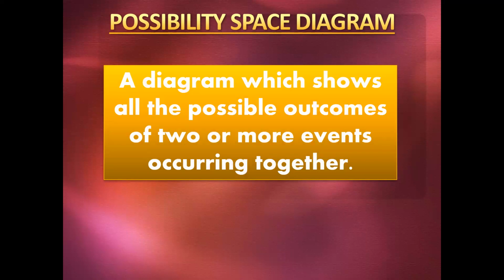A diagram which shows all the possible outcomes of 2 or more events occurring together. So now you have to copy this. One second.